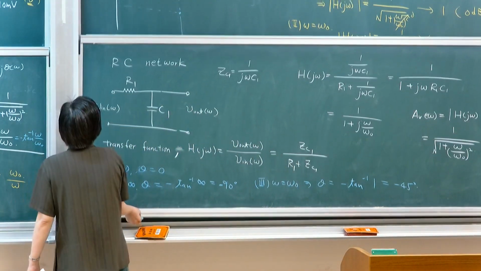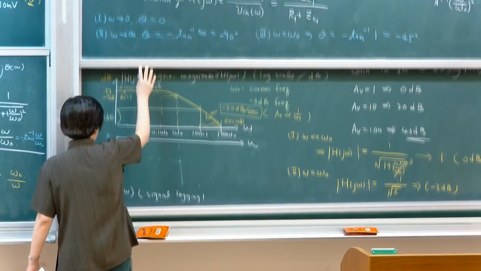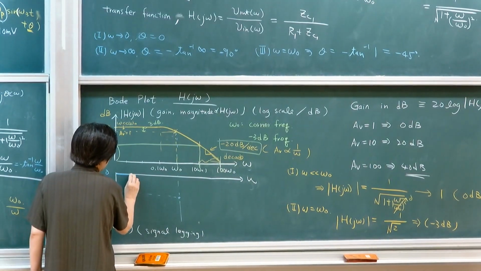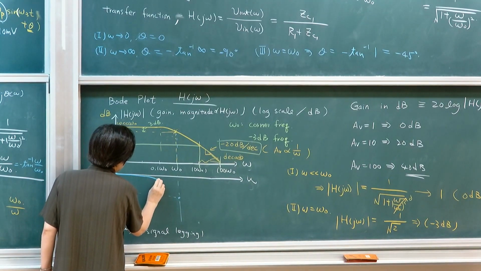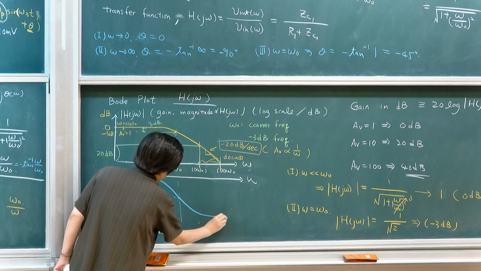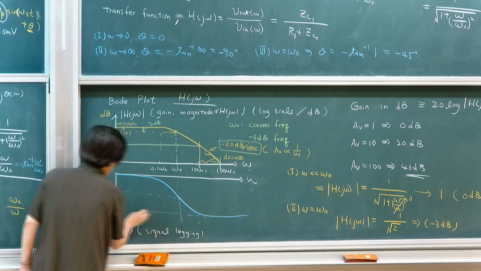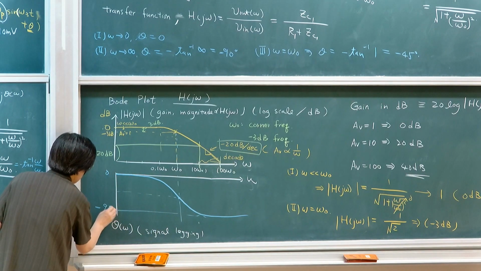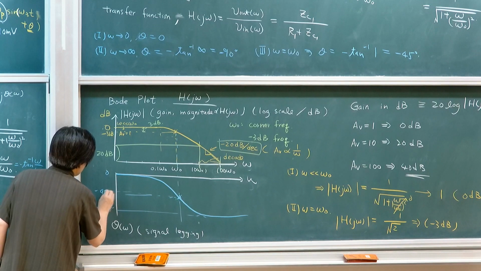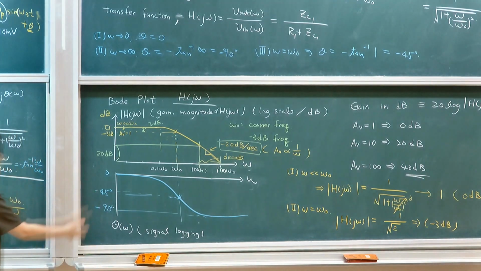So if you want to plot the phase component, it will look mostly flat, and then it will start to drop a little bit, through minus 45 at this particular point, and then all the way to minus 90. So that's how you describe the amount of lagging in the system.